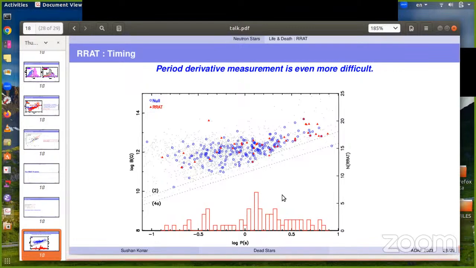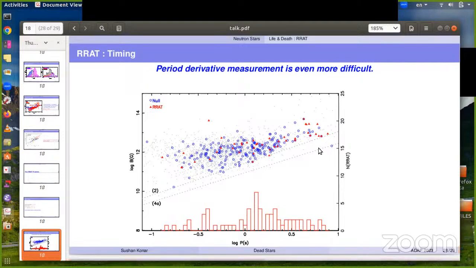As you can see, because the spin periods are different, RLATs from this group would have different upper limits for the magnetic field, and of course different lower limits for the magnetic field, because something with this spin period has a lower limit of the magnetic field here, whereas this fellow would have a magnetic field there.